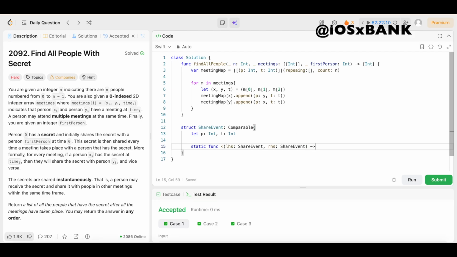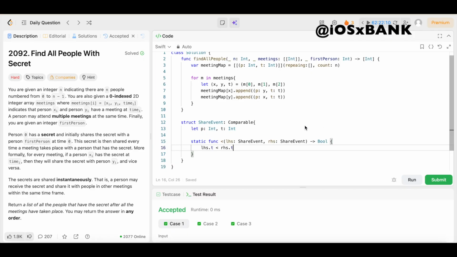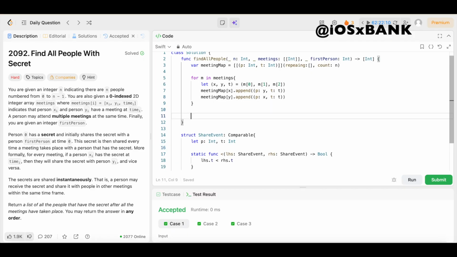It's going to return a Boolean, and we're going to say LHS period t is less than RHS period t. Boom.